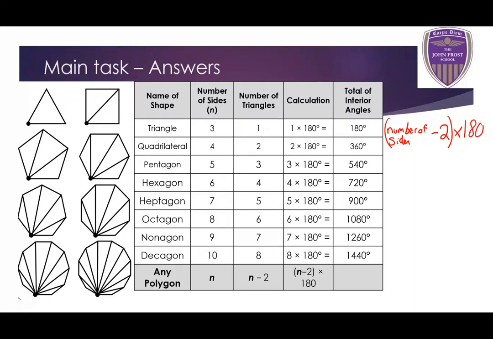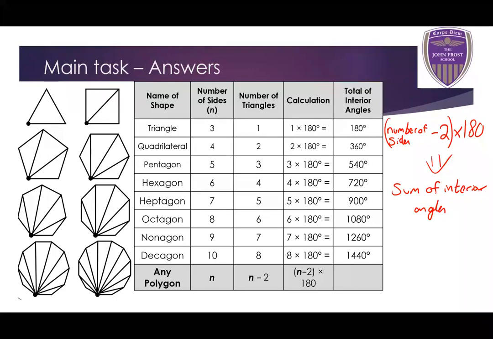And that is how we calculate the sum of interior angles. That will work with all regular and irregular polygons. You can try it out for yourself. If you draw a pentagon with 5 totally different sides, you should only be able to draw 3 triangles. So it works for regular and irregular pentagons, as well as all polygons, okay?